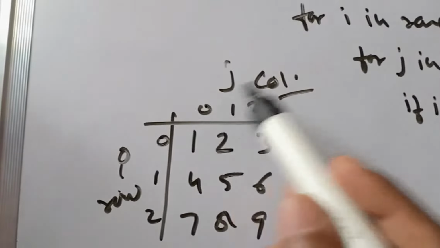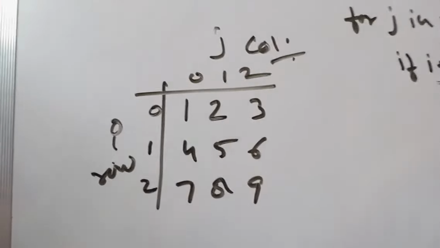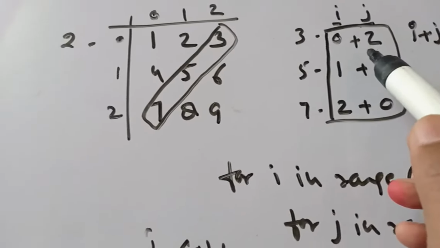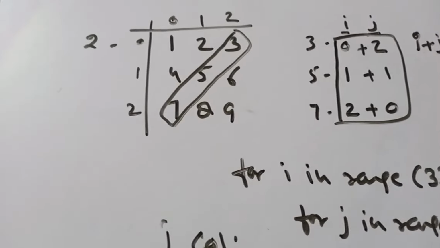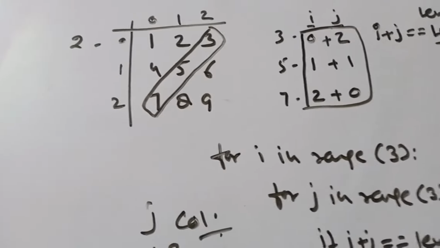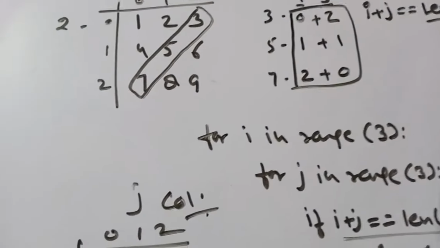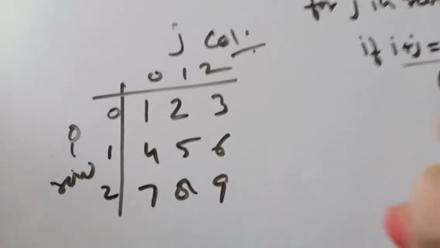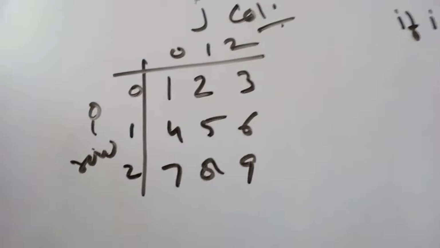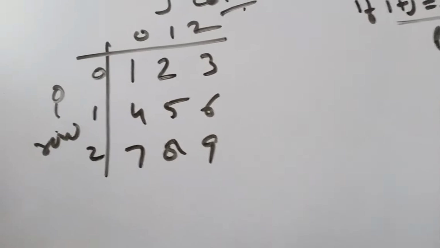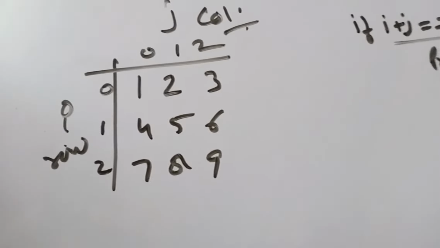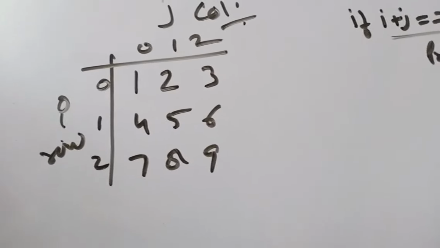We have to create a relationship. We can use arithmetic operators, or directly the relational operators: I less than J, I greater than J, I equals J, or I plus J, whatever. By any means we have to create the relationship between I and J, so that we can find the proper value to be displayed.